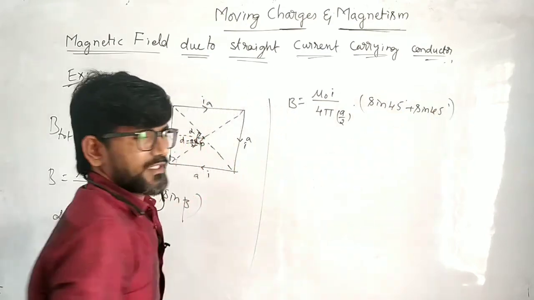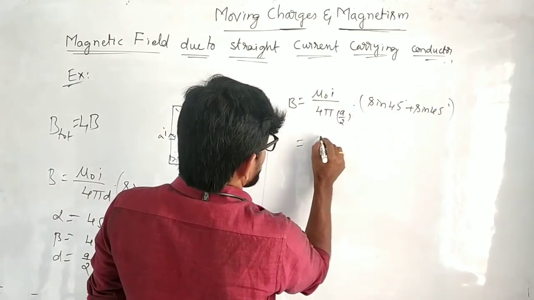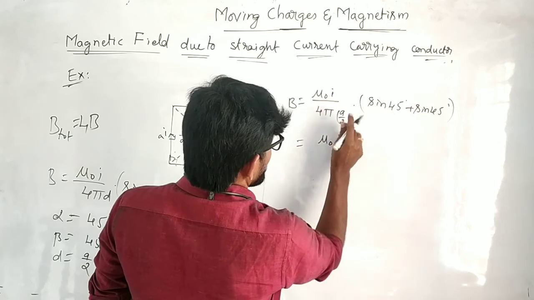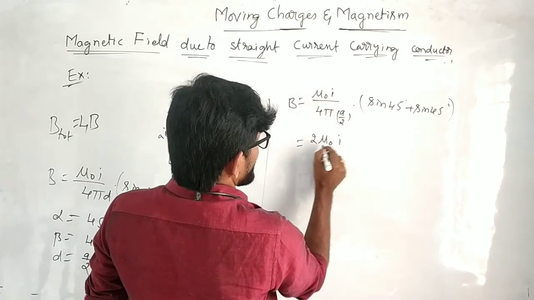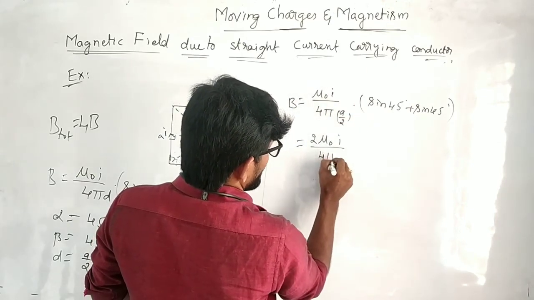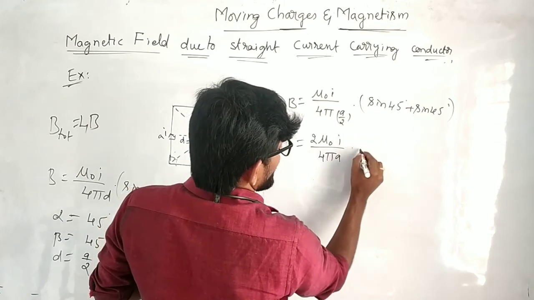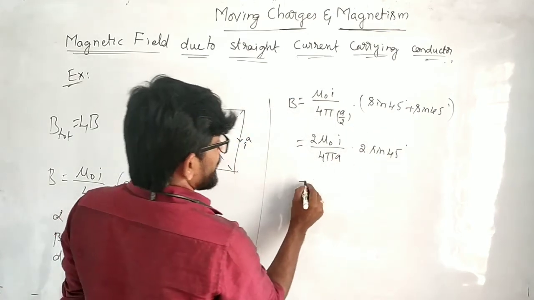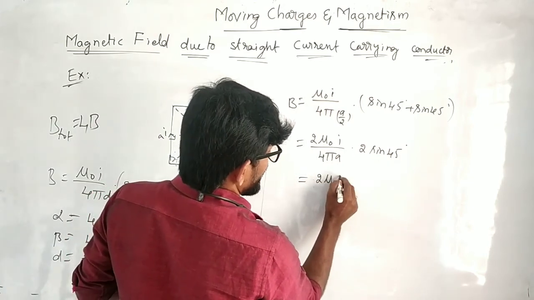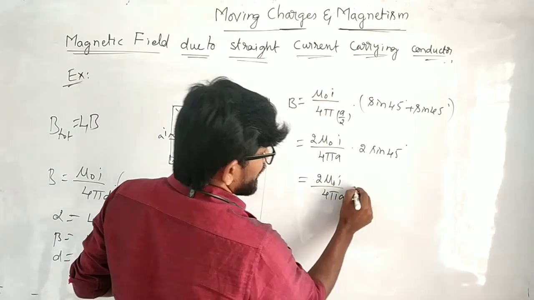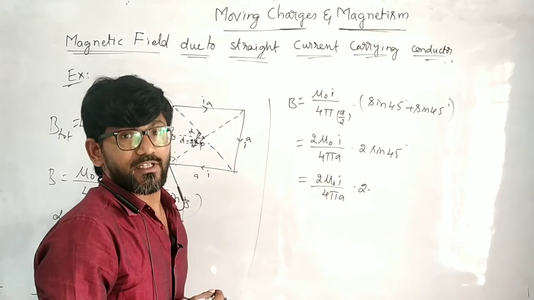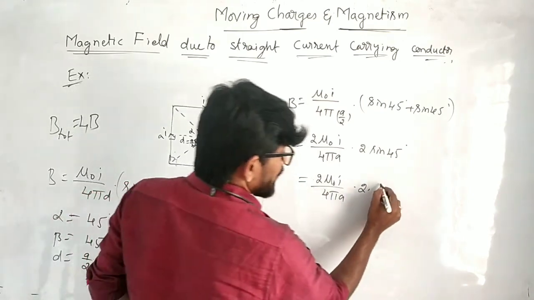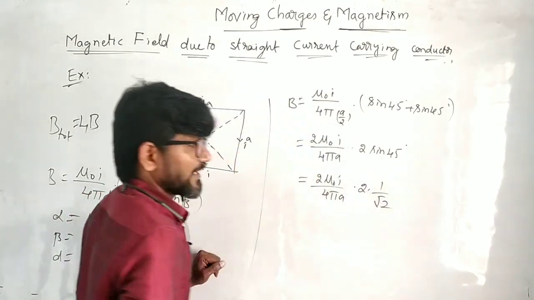So it is equal to mu naught I, this 2 goes to the numerator, so 2 mu naught I by 4 pi a into 2 sine 45, and sine 45 is 1 by root 2, very good.